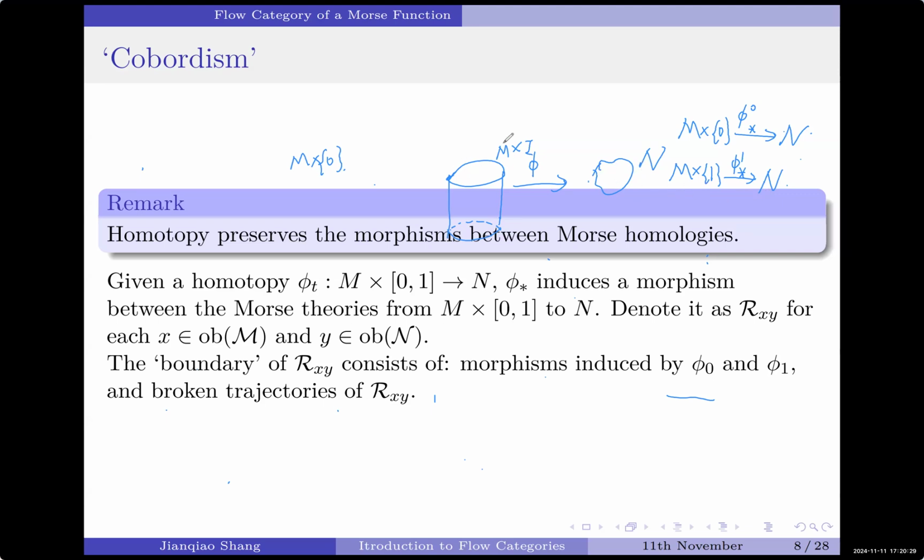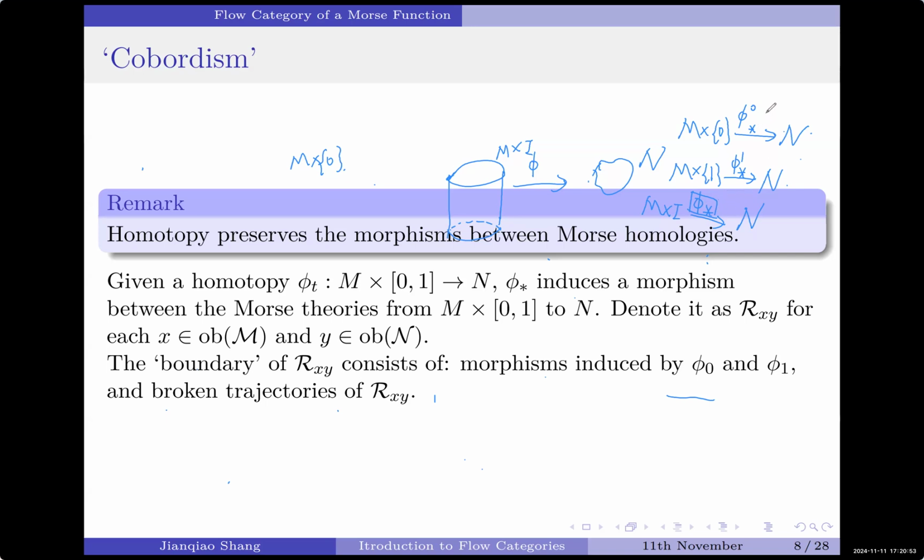And for the whole M times I, you still have a morphism between the flow categories, but the dimension of this phi star is one more than the dimension of phi star 0 and phi star 1.